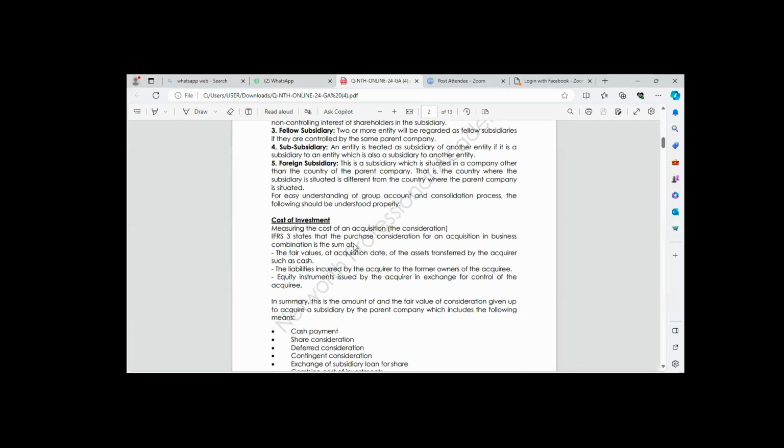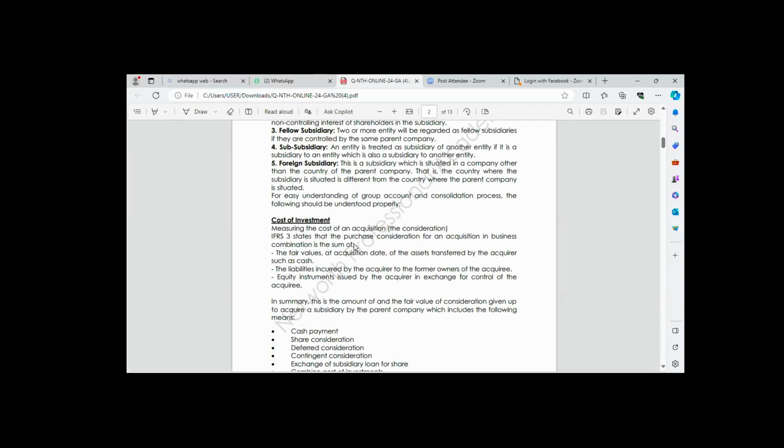Cost of investment. Measuring the cost of an acquisition, the consideration. IFRS 3 says that the purchase consideration for an acquisition in a business combination is the sum of the fair values at acquisition date of all the assets transferred by the acquirer, such as cash, liability incurred by the acquirer to the former owners of the acquiree, and equity instruments issued by the acquirer in exchange for control of the acquiree.